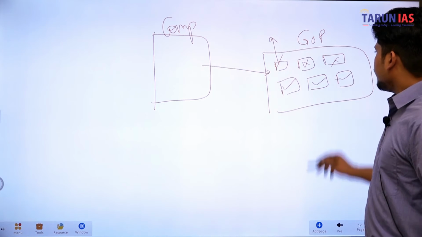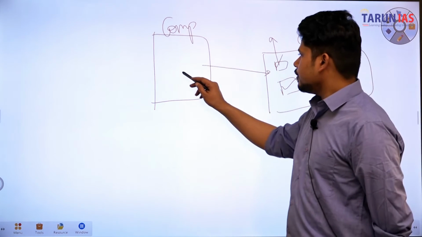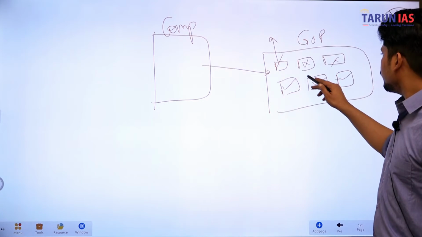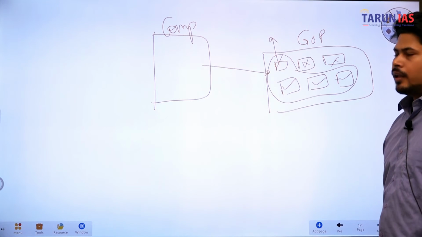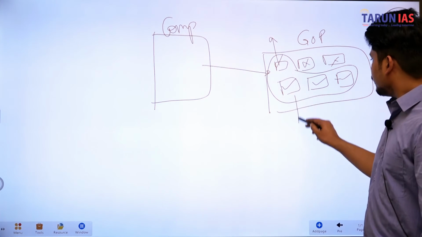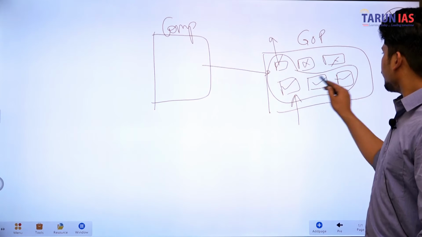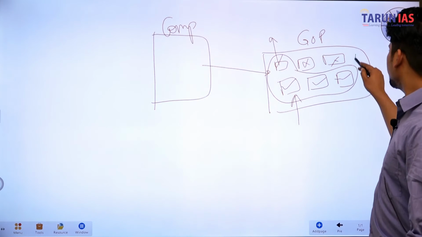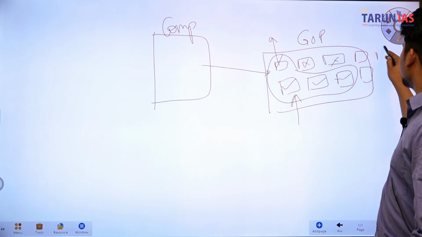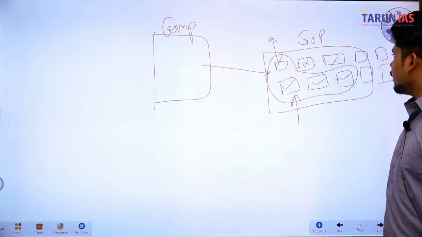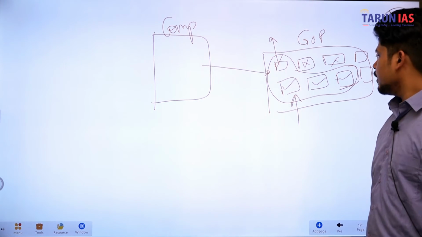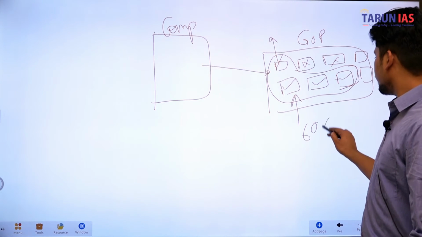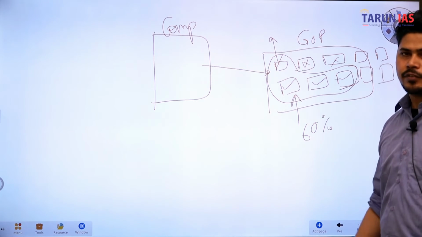Then at the end a record is maintained of which group develops immunity. If there are 10 people in the group and 6 people develop immunity against the virus, then the drug has 60% efficacy.